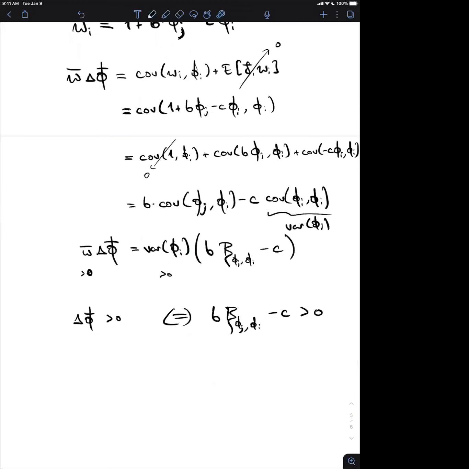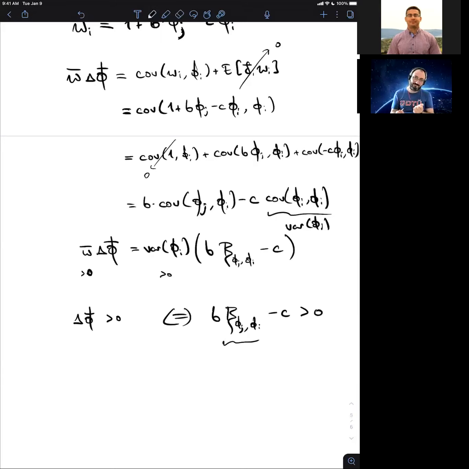And this is the kicker here, right? What is this beta? This is the regression of the ith individual's partner, j, the partner's genotype or phenotype, in this case genotype, on the focal individual's own phenotype. So this is basically how much the partner looks like the focal individual.